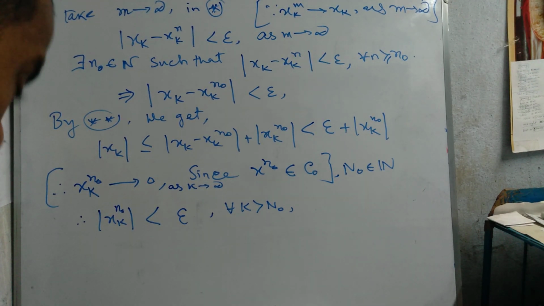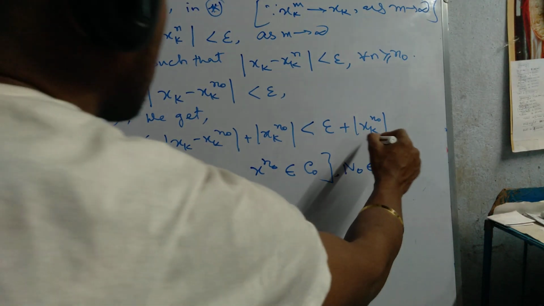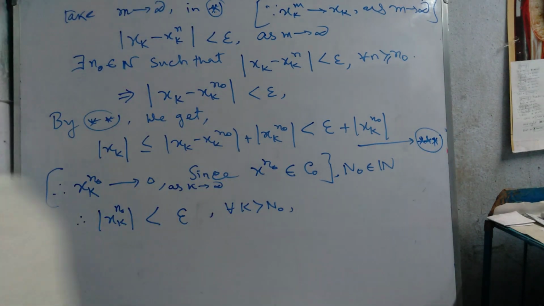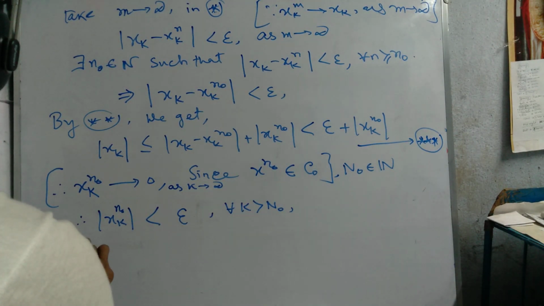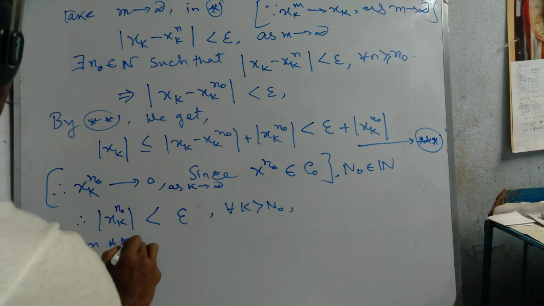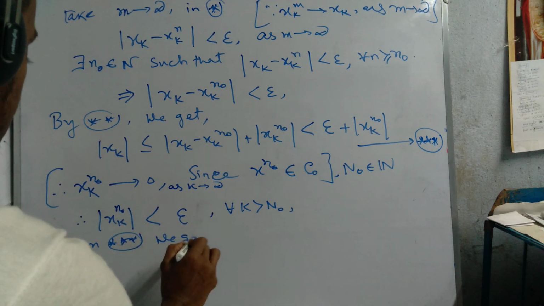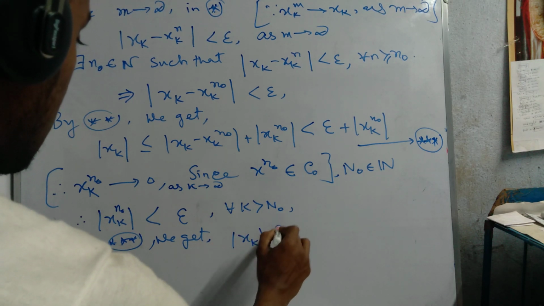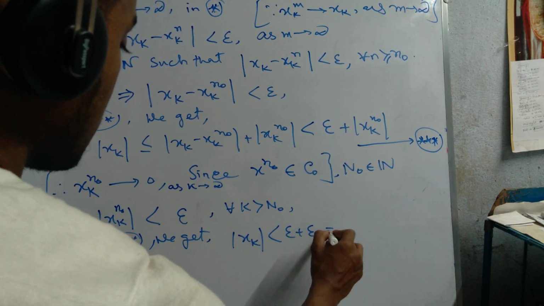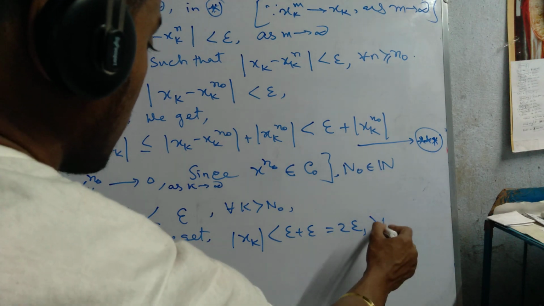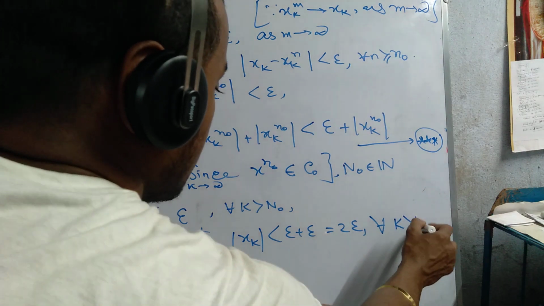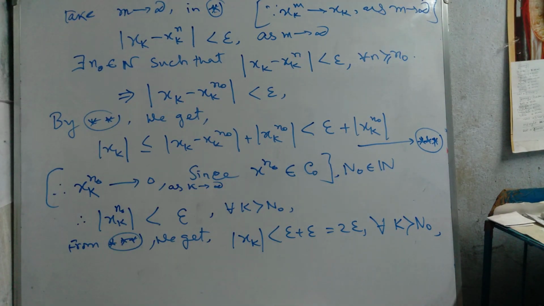This one we mark as triple star. So from triple star we get the modulus of xk less than epsilon plus epsilon, equal to 2 epsilon, for all k greater than some n0. Obviously there exists some natural number n0.